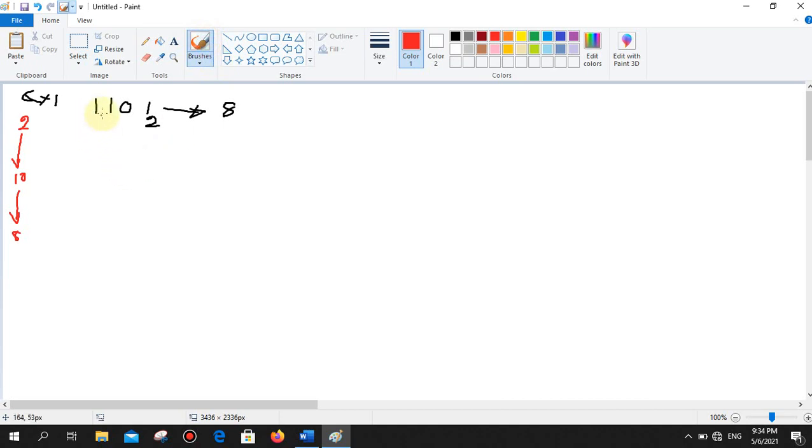Right, now the first step I'm going to do. I will write the binary number 1 1 0 1, keeping a little bit of space, a little bit more space. It will be easy for me to write. Likewise, 2 to the power of 0 into 1 plus 2 to the power of 1 into 0 plus 2 to the power of 2 into 1 plus 2 to the power of 3 into 1.